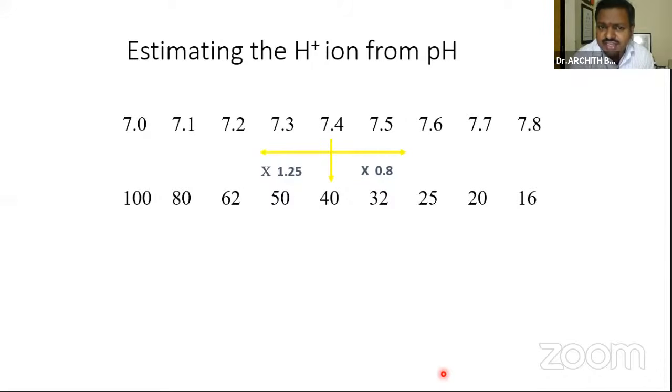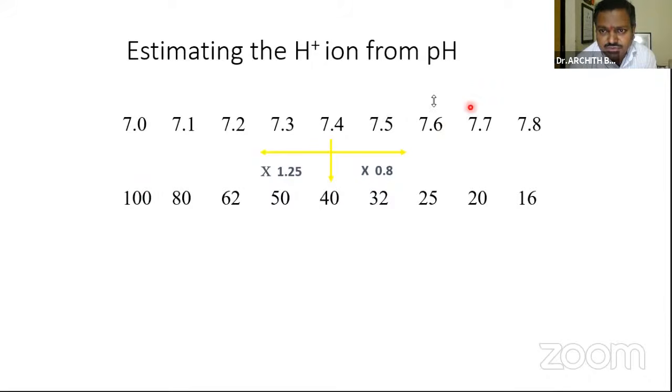And with every 0.1 drop in the pH, the H plus would go up by a factor of 1.25. So from 40 it becomes 50, and then 62, 80, and 100. So a pH of 7 would correspond to around 100 H plus.